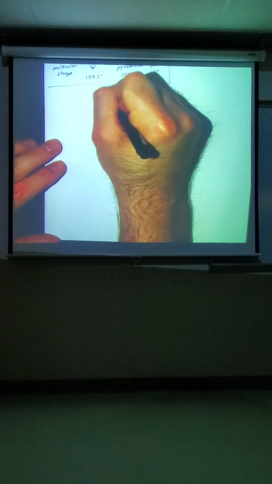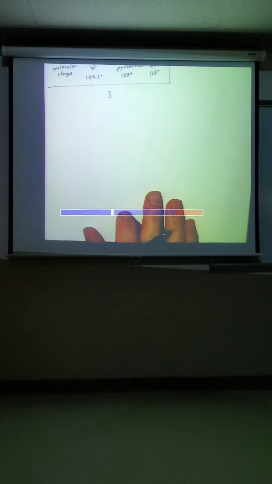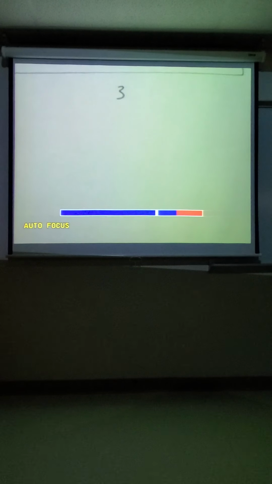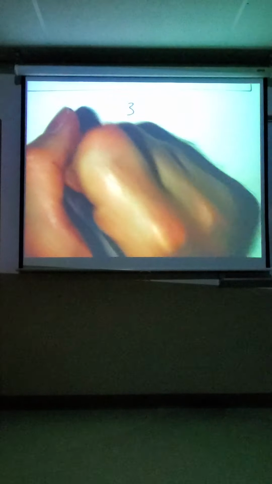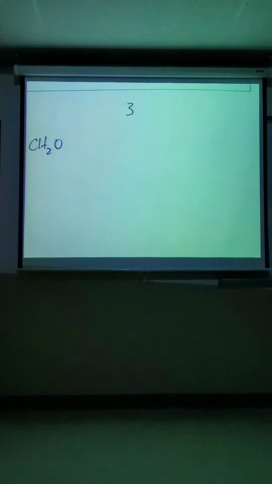What about this group 3? If we go to group 3, just go down and start fresh. What we're oftentimes going to see here is a double bond. So if you have a double bond, maybe it's something like formaldehyde, CH2O, pretty common in the homework.